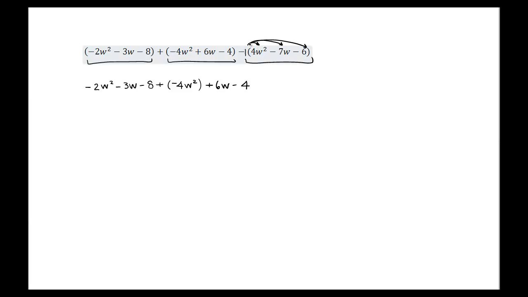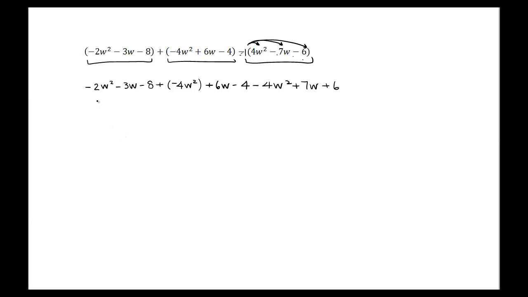And then I'm going to distribute this -1 to everything inside the last polynomial. So I have a minus 4w squared. A negative times a negative gives me a positive 7w, and a -1 times a -6 gives me a positive 6.